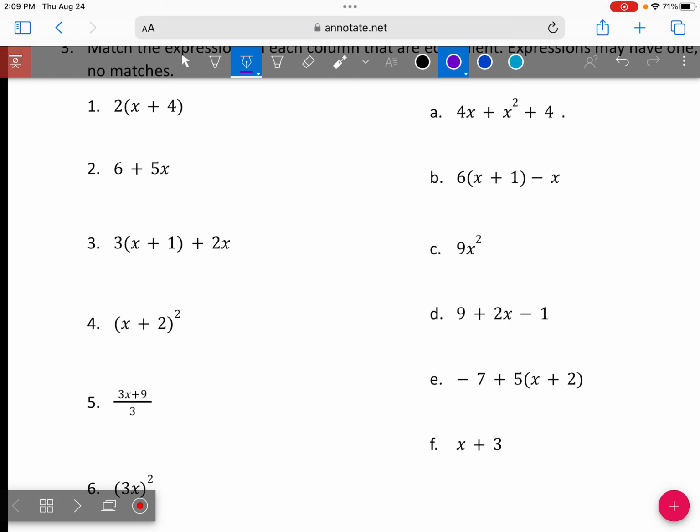So what do we see that might go together? I said number 6 to C. Yep, number 6 to C. Number 2 to B. Absolutely right. If I simplify those both down. Yep.